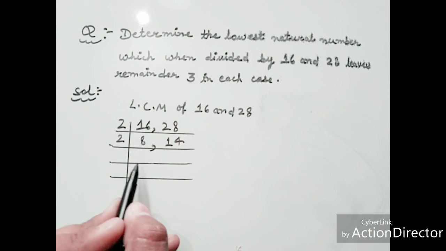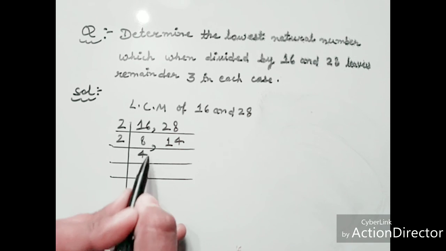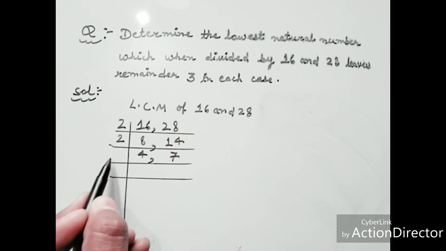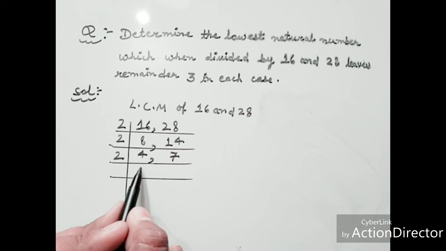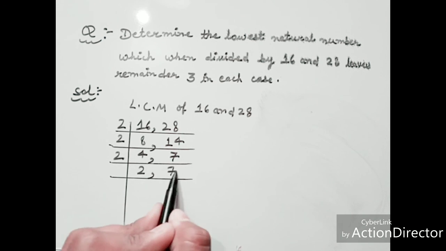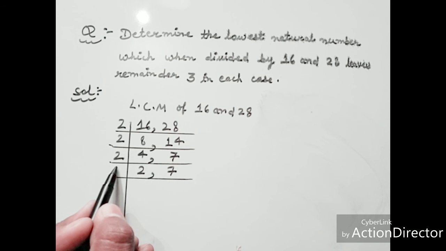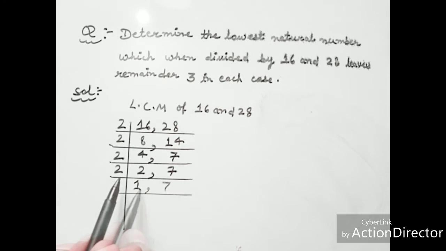Now again divide by 2. 2 4s are 8 and 2 7s are 14. Now again divide by 2. 2 2s are 4 and write 7 as it is here. Then 2 1s are 2, 2 1s are 2 and write 7 as it is here. Now divide by 7, 7 ones are 7.